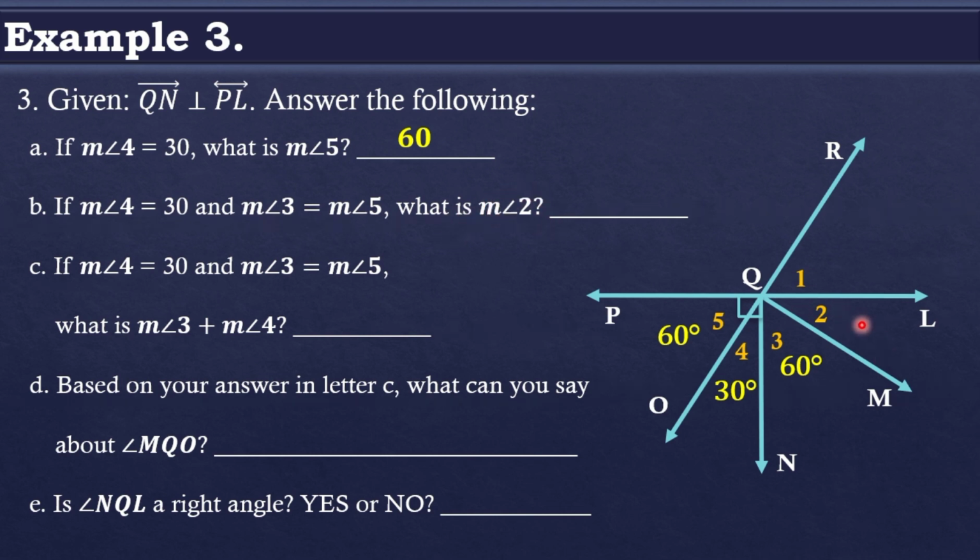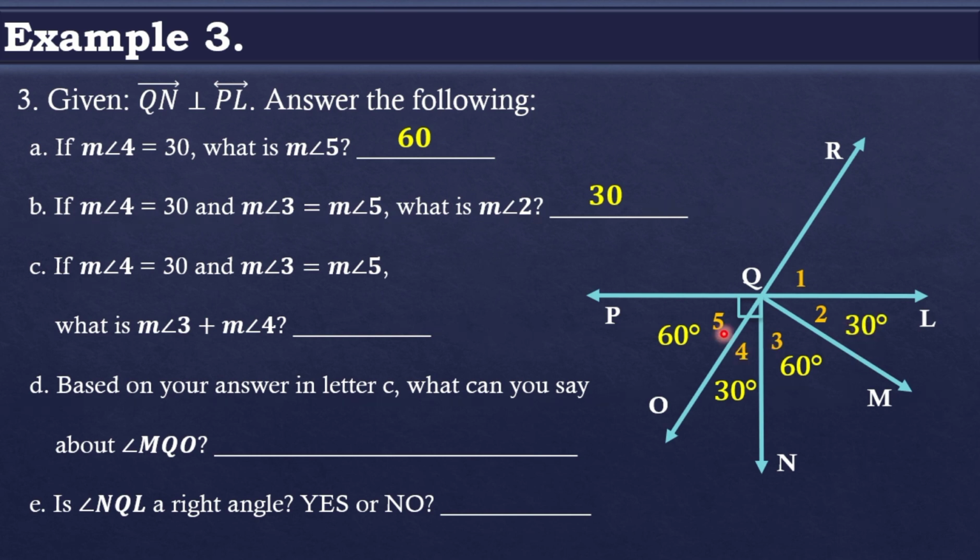Diba, this is perpendicular, so dalawang right angles ang mabubuo niyan, ito at yung kabilang side. Kung ito ay 60, ilan na lang ang kulang para mag-90 kasi right angle din to? So, this is also 30. Ilagay mo siya dito, 30 degrees.